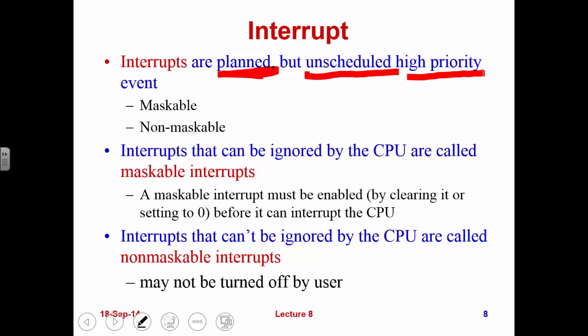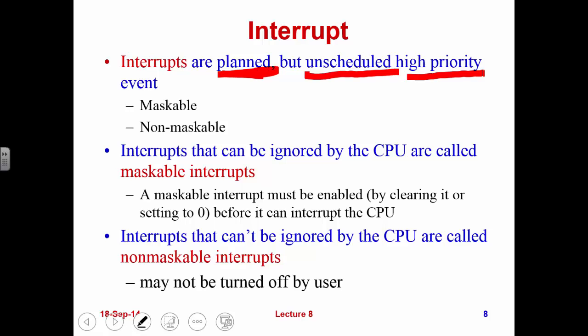Also, interrupts are divided into maskable and non-maskable. So we have maskable interrupt events and non-maskable interrupt events. What's the difference? Which one is more serious, and which one is not serious and can be ignored?